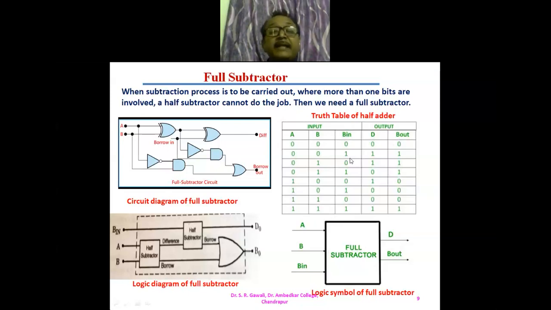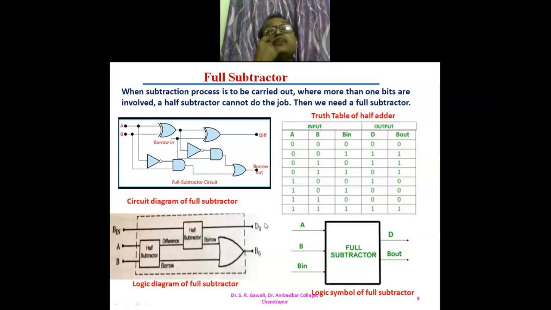Okay. And this is the logic symbol of the full subtractor. All this is one of the experiments in your BSc final year. I think you have written this experiment in your practical record.